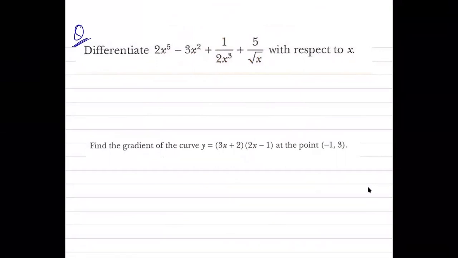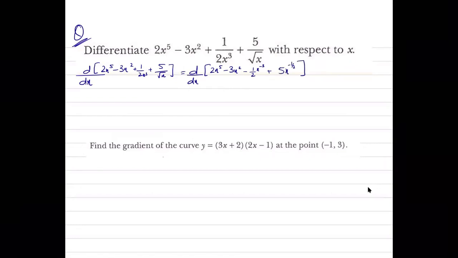For my simplicity, I can rewrite this function as 2x to the power of 5 minus 3x squared plus 1 upon 2 x to the power of minus 3. I can write 5 upon root x as 5x to the power of minus half. This is going to help me in differentiating easily.